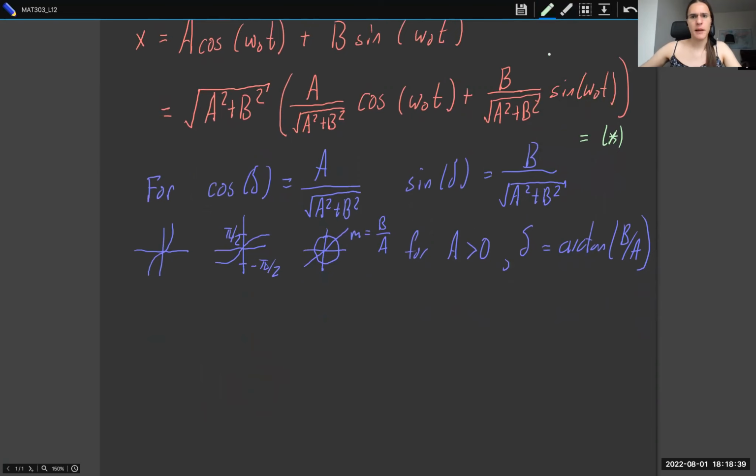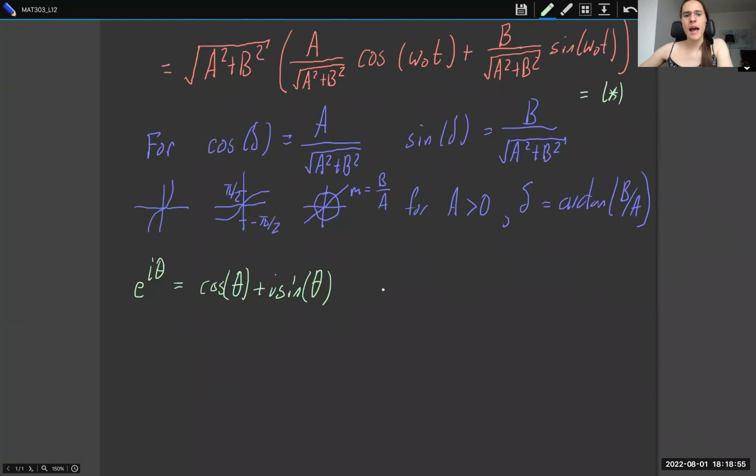So we know, for example, that e to the i theta is equal to cos theta plus i sine theta. So if you have e to the i alpha plus beta, then that's equal to cos alpha plus i sine alpha times cos beta plus i sine beta.